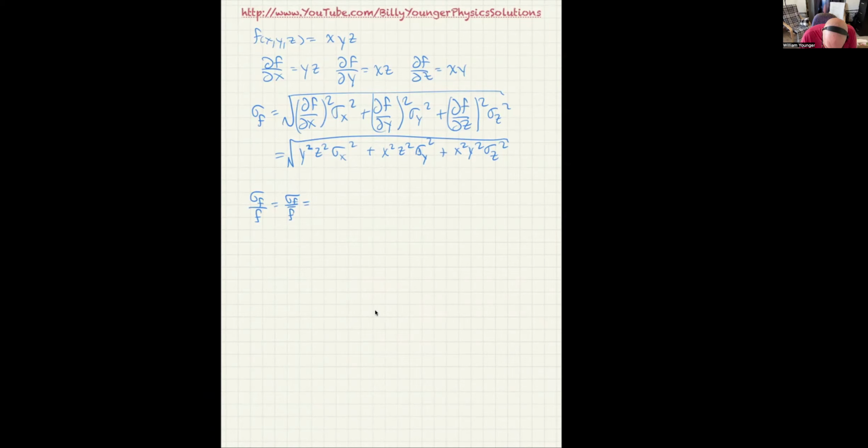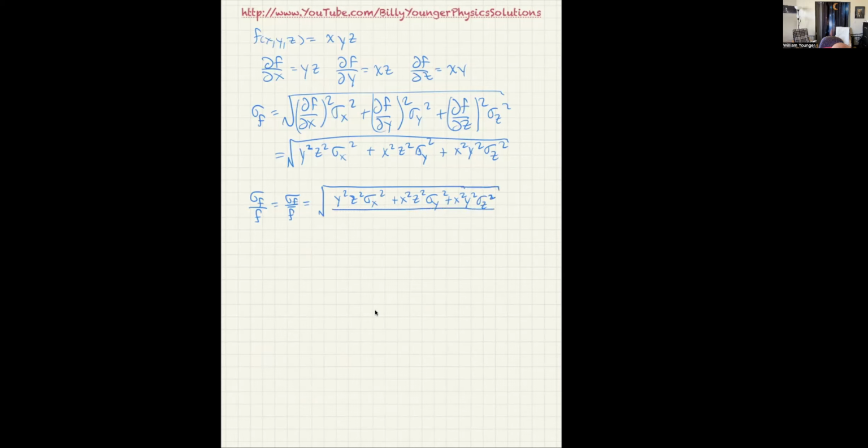I'm going to square it so that we can put it under the square root, so that now I have y squared z squared sigma x squared plus x squared z squared sigma y squared plus x squared y squared sigma z squared. So that's what we have under the square root.